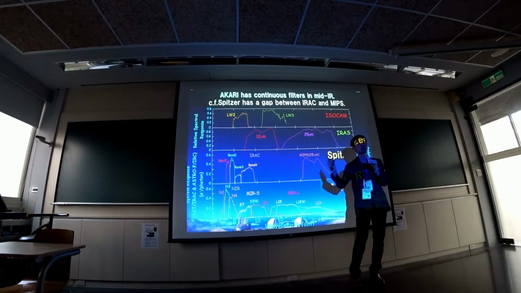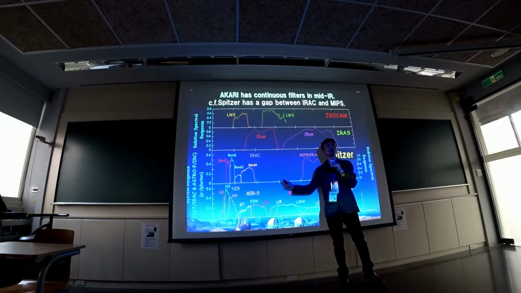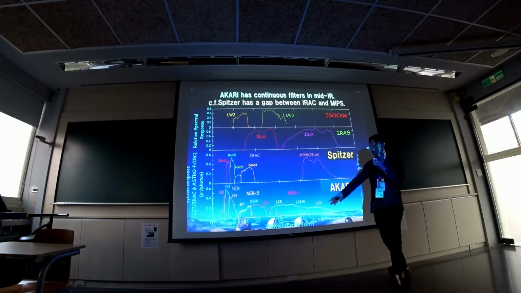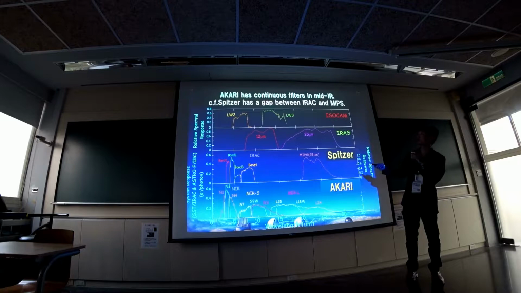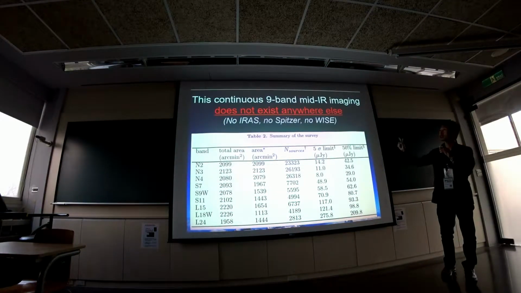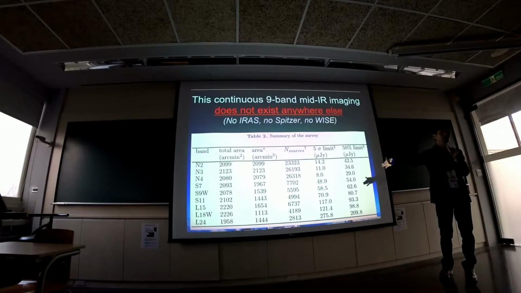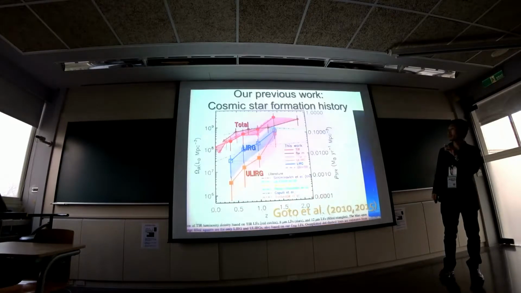So if your feature is in between these bands, in the case of Spitzer, then there's no way to recover it. But in AKARI, one of the filters can capture the feature anywhere in mid-infrared. So that's the nice feature. And AKARI is the only satellite which has continuous mid-infrared coverage until JWST goes up, which hasn't happened yet, right?